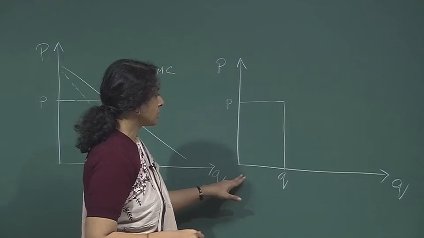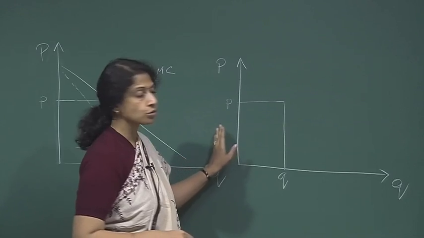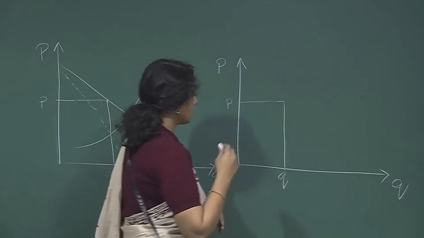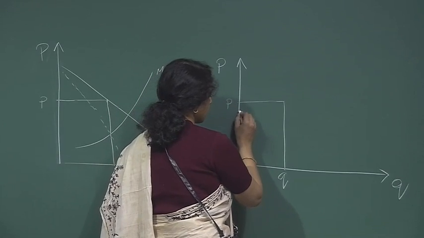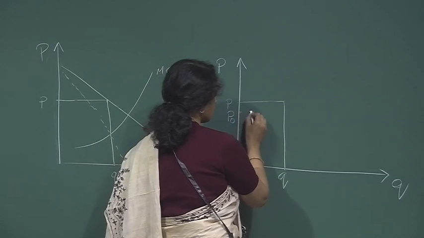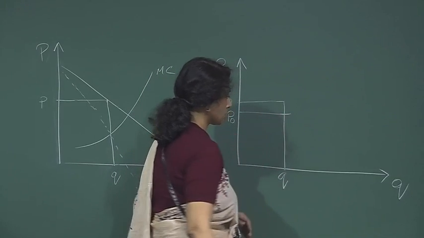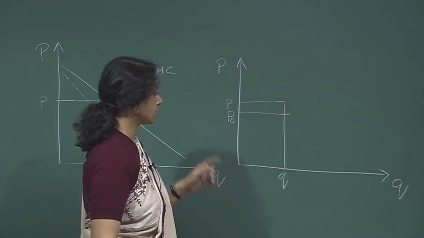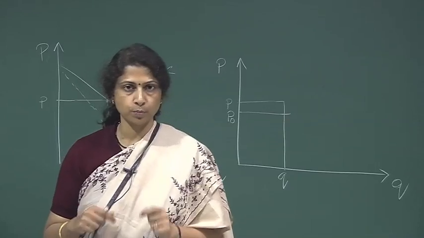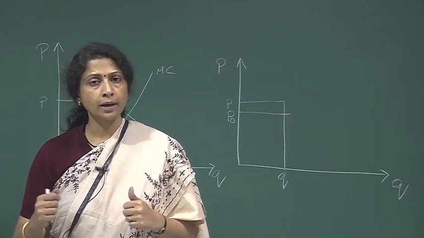Now, the assumption here is, suppose the firm decides I am going to reduce the price. In that case, what is going to happen? If it reduces the price to P0, how much is the quantity going to change? The assumption here is, as soon as the firm reduces its price to P0, the other firms are going to follow suit. Why?